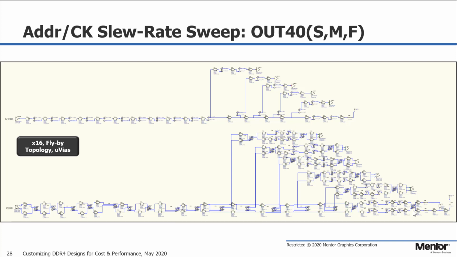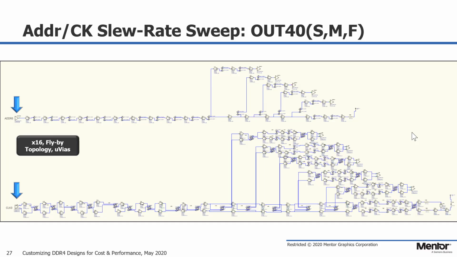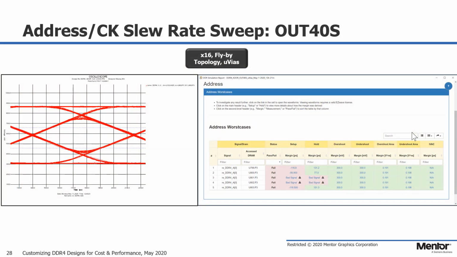Next, let's take a look at the timing margins on this address and clock topology with microvias by varying the slew rate at the controller. With the slow slew rate driver, again looking at the DRAM furthest away from the terminator, the eye height and width are pretty small due to the slow edge drivers.